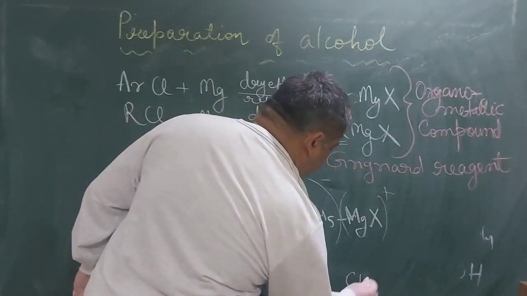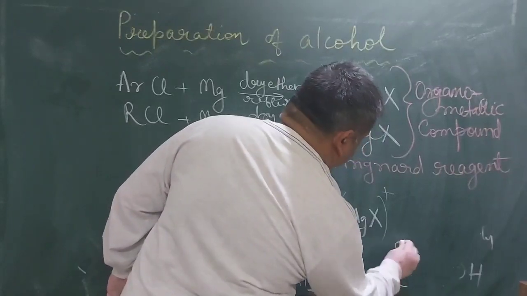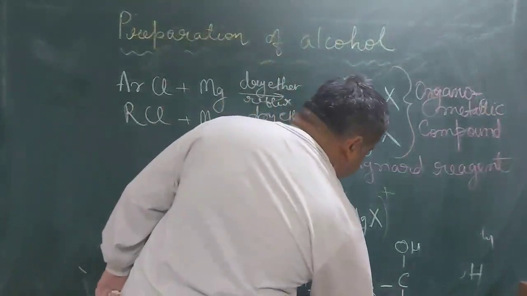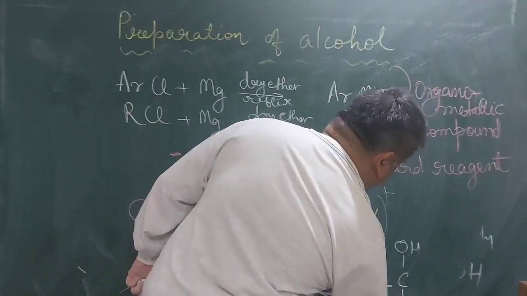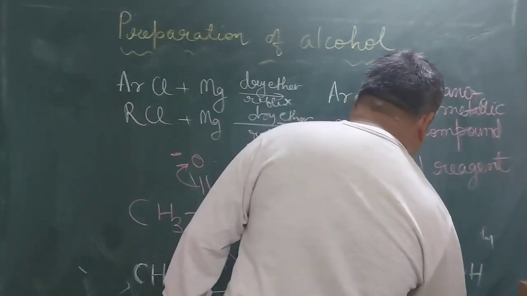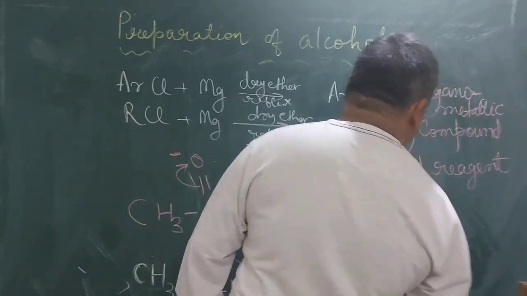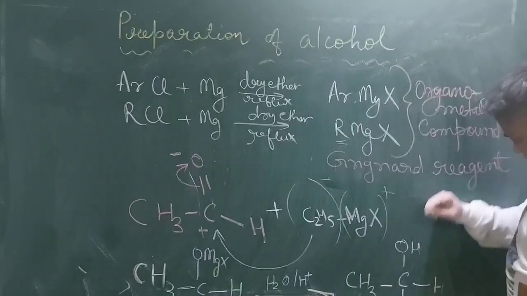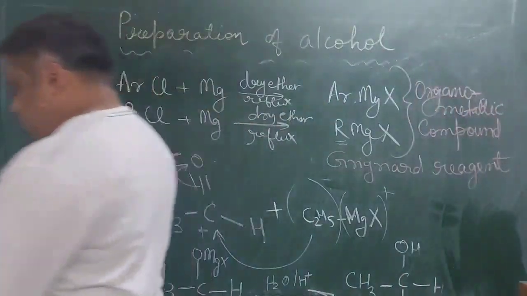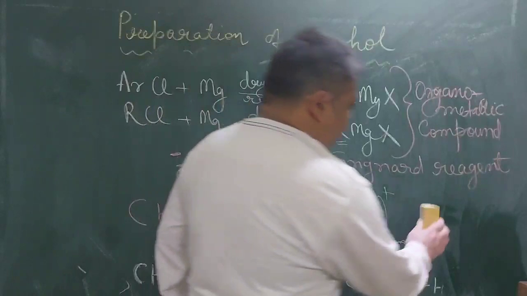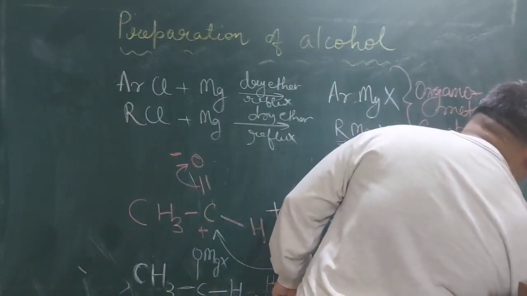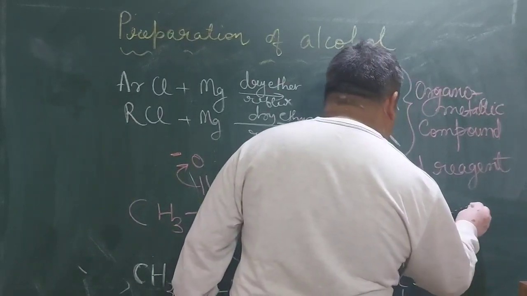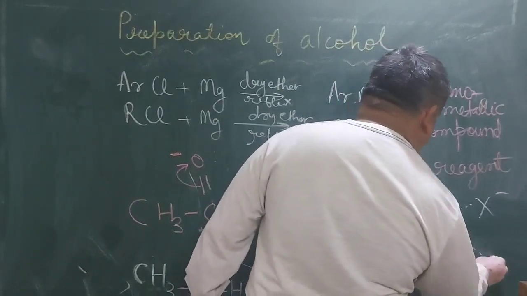It will form CH3CH(OH)C2H5, and this will form Mg with an ionic bond with X minus and an ionic bond with OH minus.